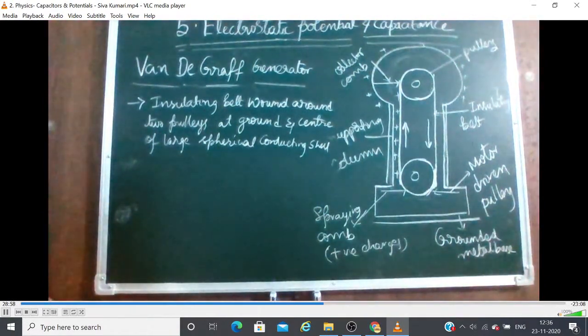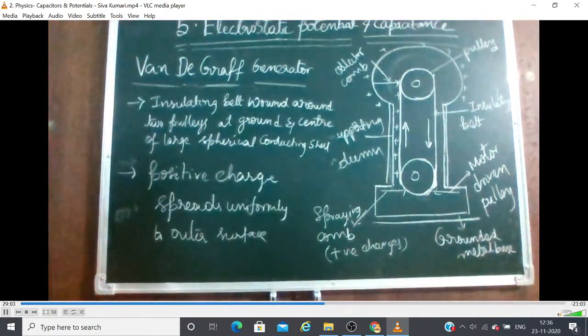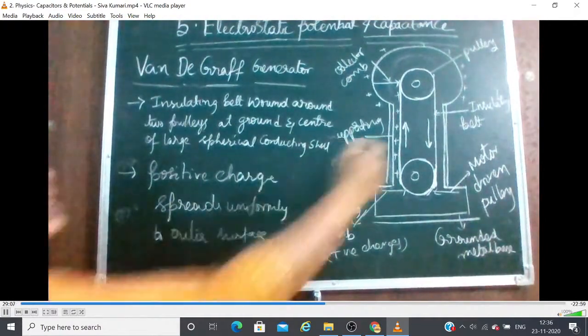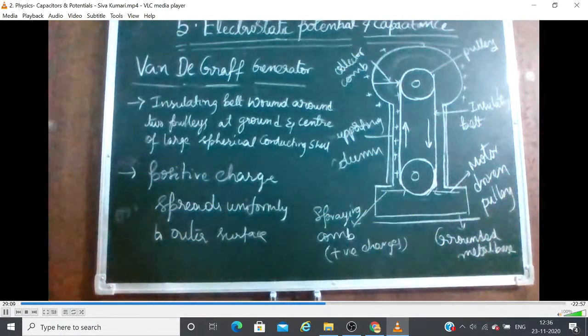And also next we will have the transfer of the positive charges to another metal comb which is connected to the large shell. Then the positive charge spreads uniformly to the outer surface.